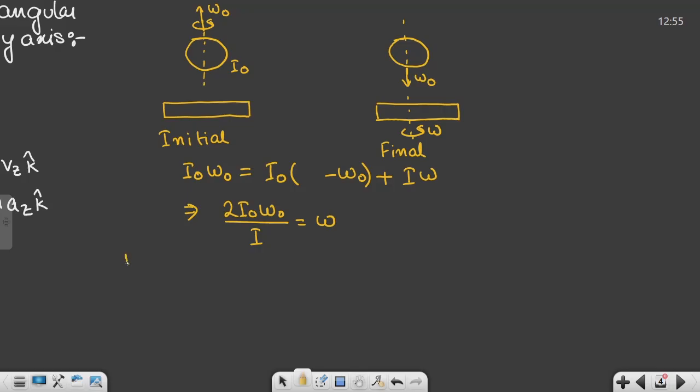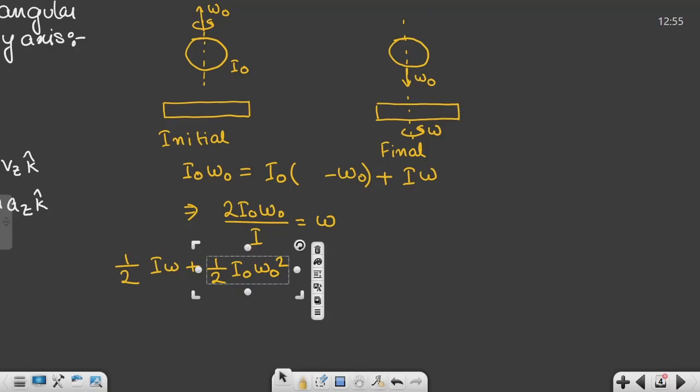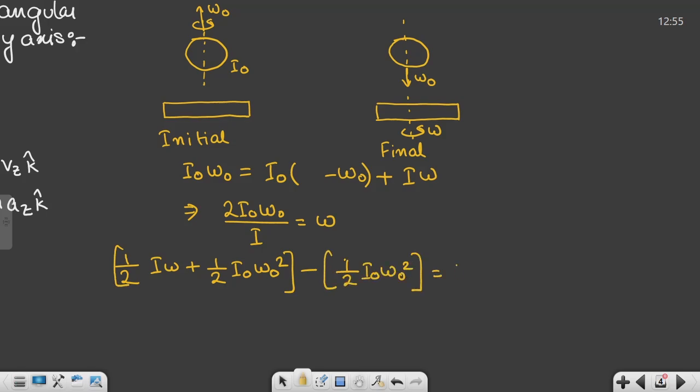Now simply work done: final kinetic energy minus initial kinetic energy. Final kinetic energy is nothing but half I omega square plus half I naught omega naught square. Kinetic energy is a scalar quantity, so it does not depend on whether omega naught is in upward direction or downward direction. Both will have plus half I naught omega naught square, minus initial kinetic energy. Initial kinetic energy is nothing but half I naught omega naught square, is equal to work done by motor.